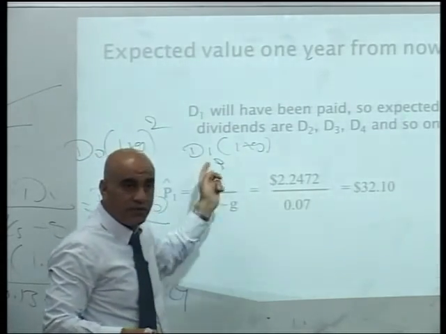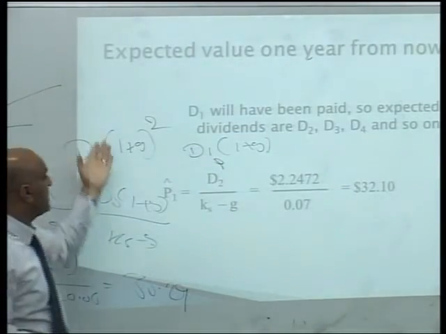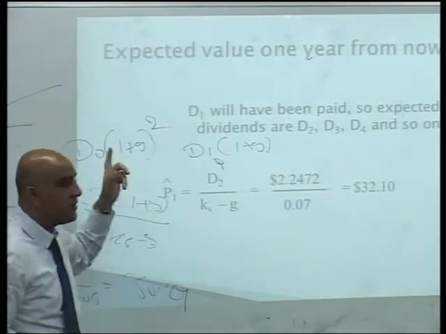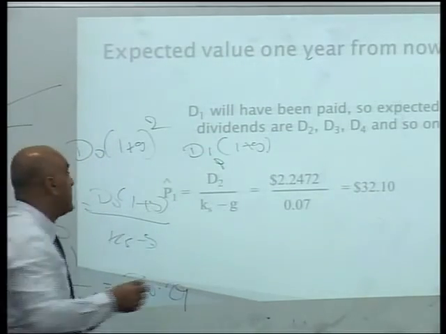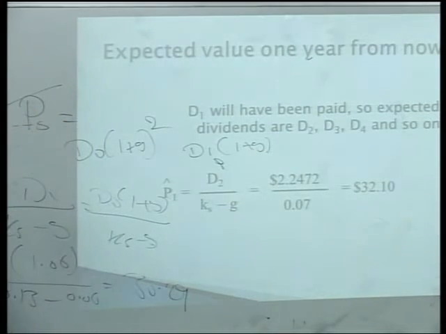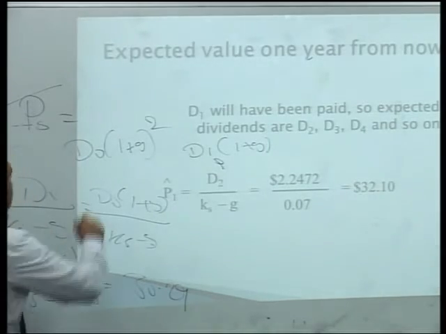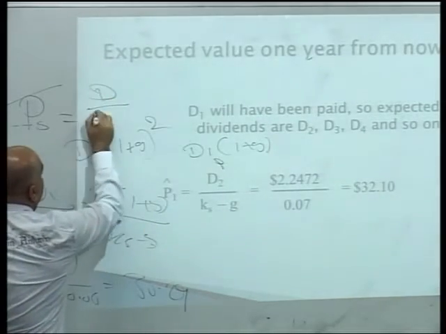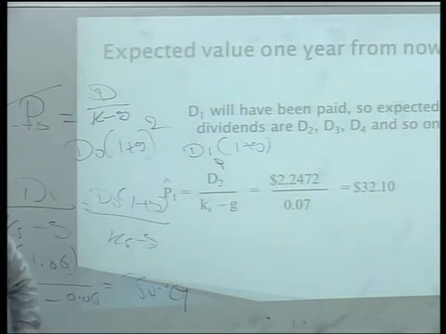If you don't have D1, you still have D2 from D0, which is D0 times (1 plus G) raised to the power 2. If I want to calculate, for instance, P5, the price in the fifth year, D6 divided by Ks minus G. That's it. Okay?